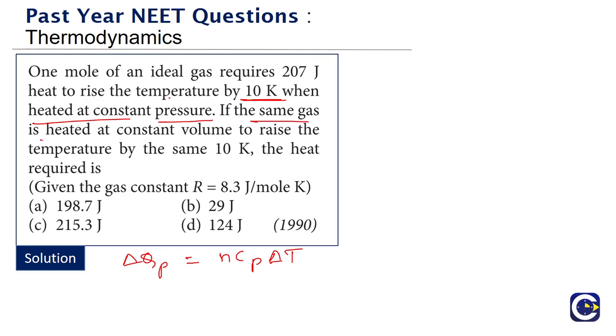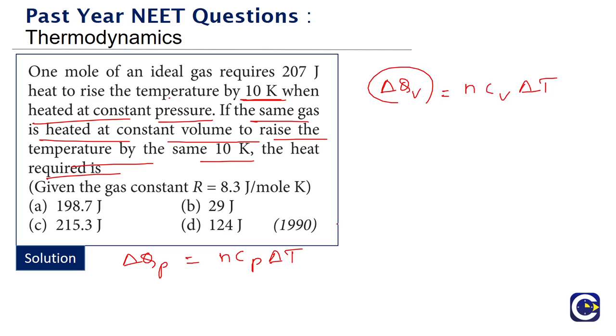If the same gas is heated at constant volume to raise the temperature by the same 10 Kelvin, the heat required is, so remember they are asking us simply what? Delta Q in the constant volume process. What is it? nCv delta T. So here n into Cv means what?